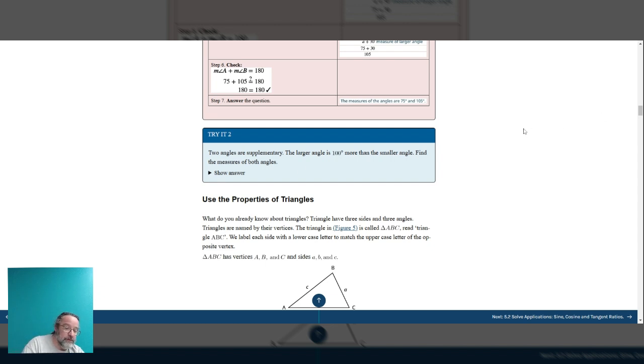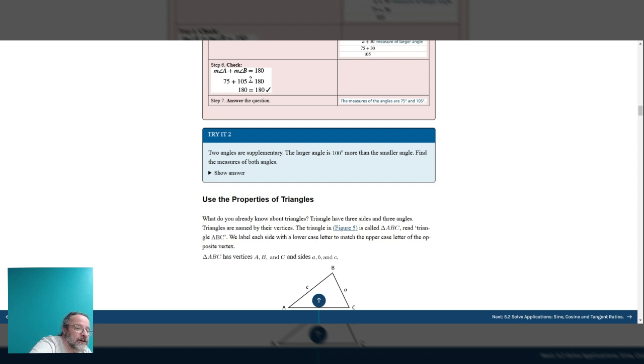So then we know, and unfortunately at home you can't see this, X plus 100 plus X equals 180. So that means 2X plus 100 equals 180.